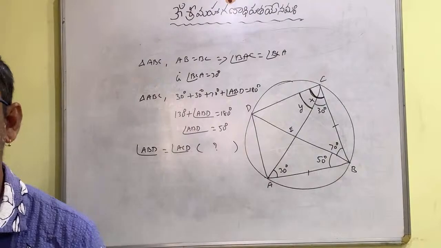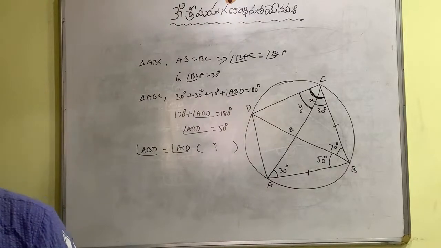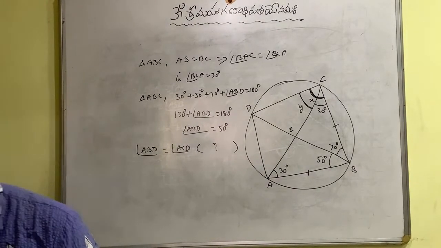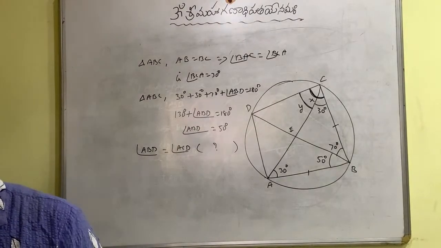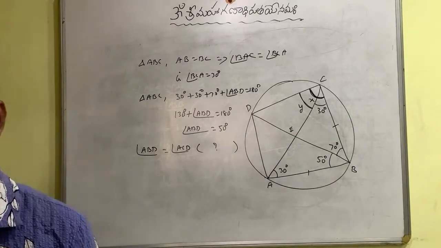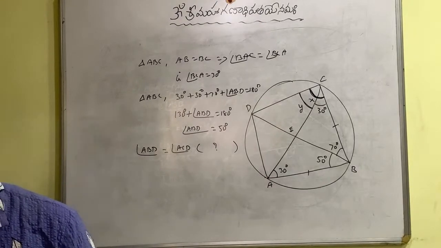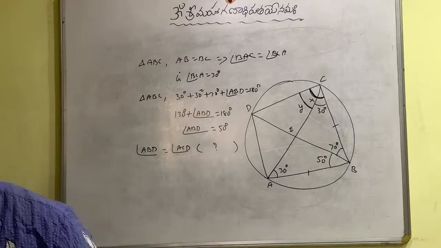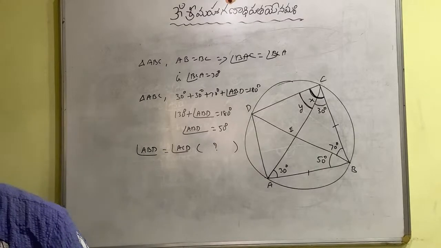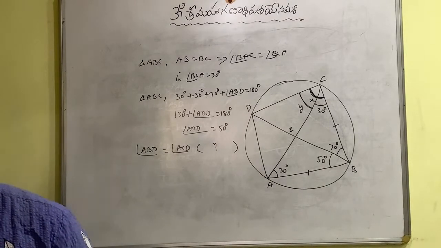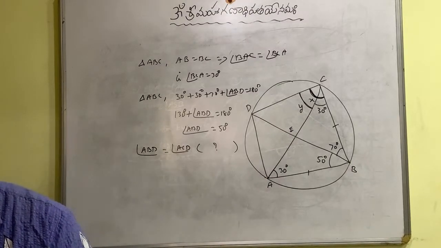What is the reason? I just want to know the reason behind it. No one talking? Hemachandra, why are angle ABD and ACD equal?